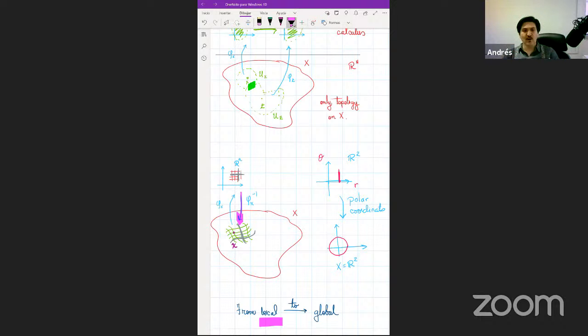At the end, what we would like to have are smooth functions on X. So we are going to study local things, and then there will be some condition to make this global, and then you have a smooth function on X. So from local, we will have something global.